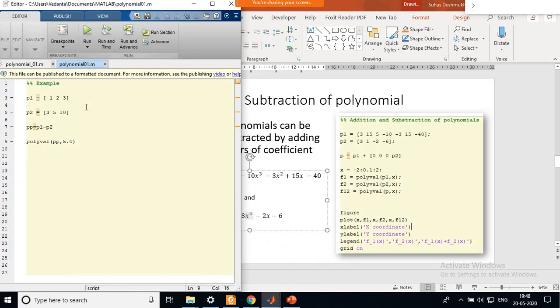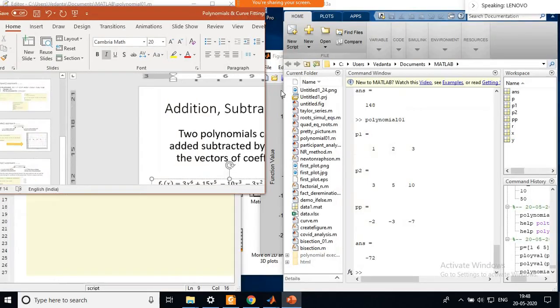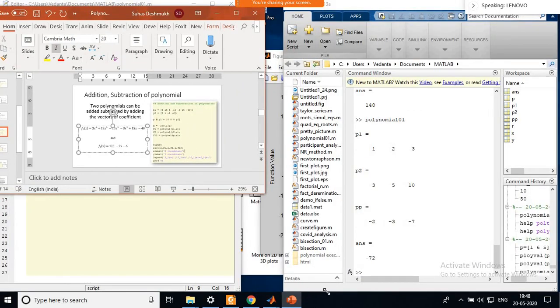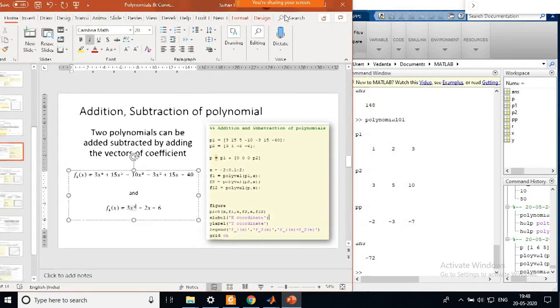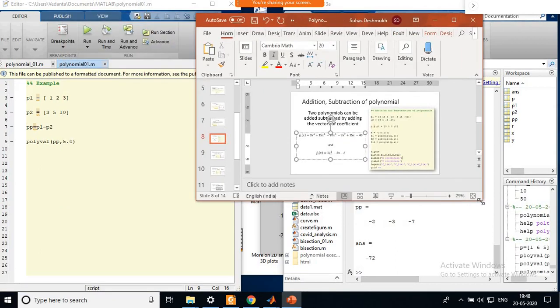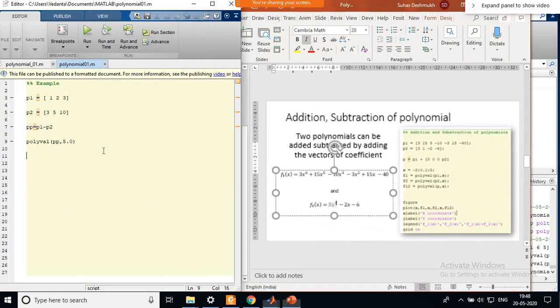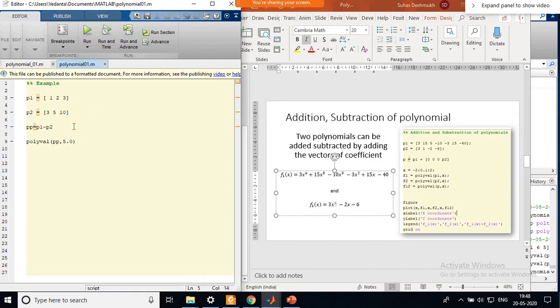Now I will write the first polynomial. The first coefficient is 3, then 15, then 0, minus 10, then minus 3, then 15, and then 40.